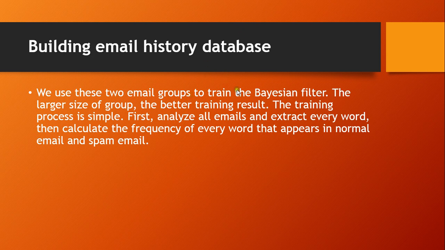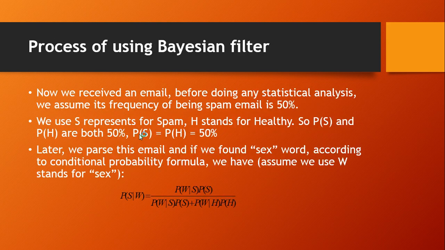First we need to analyze all emails and extract every word, and then calculate the frequency of every word that appears in normal email and spam email. Then, when we receive an email, before doing any statistical analysis, we assume its probability of being spam email is 50% and normal email is also 50%.